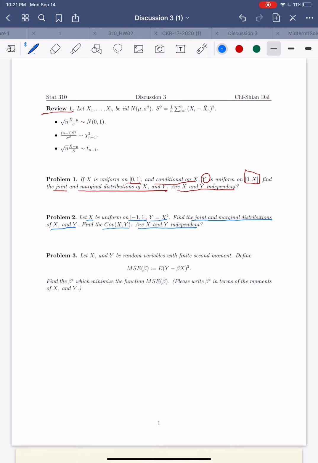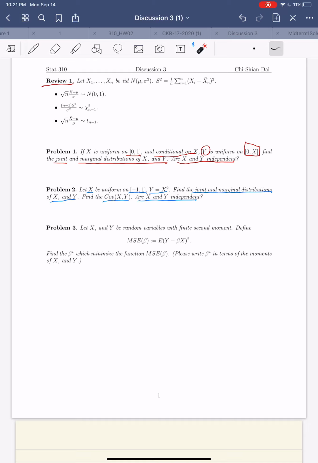Okay, problem 3. We have two random variables x and y, and they have finite second moments, and we define a function MSE, the mean square error, as the expectation of (y minus beta x) to the power 2.